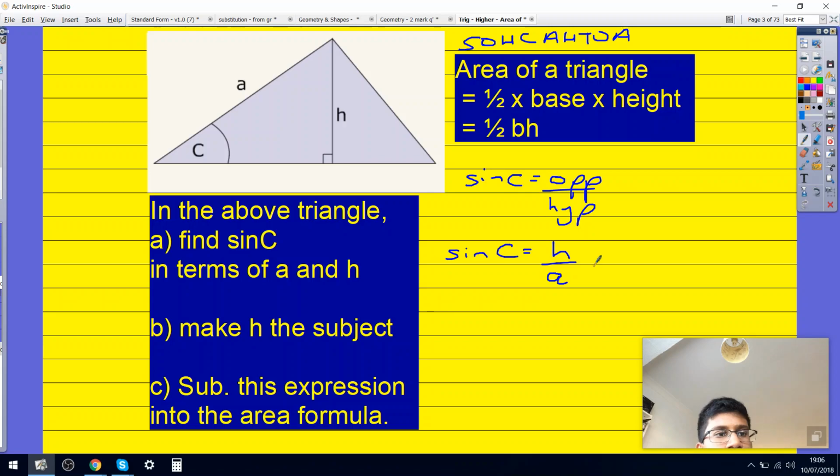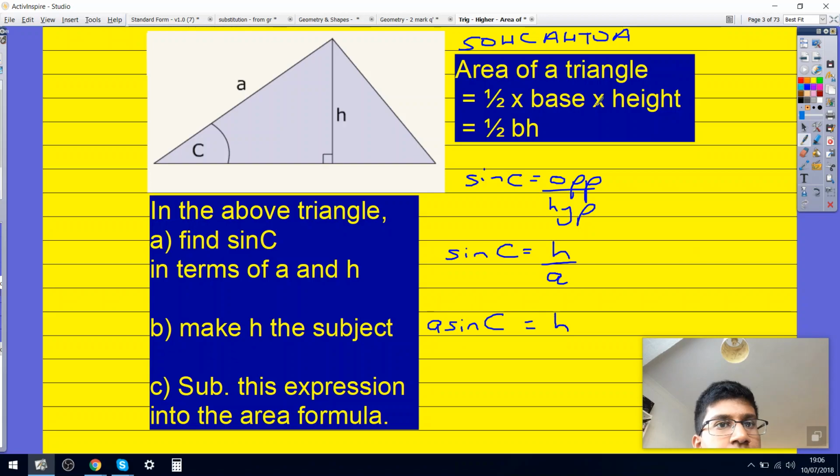Okay, and make H the subject. So h equals a times sine C, or for short, A sine C. Then sub this expression into the area.